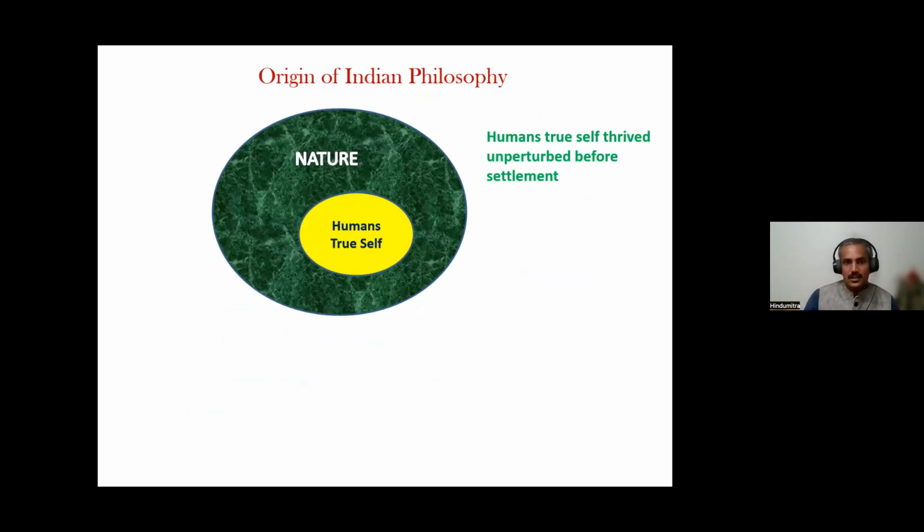With this point, I will end. Indian philosophy always saw humans as a part within nature. And Rig Veda and other Vedas always emphasized that humans are in their true self when they live in nature. That's why rishis always lived on the outskirts of the cities, never in crowded cities.